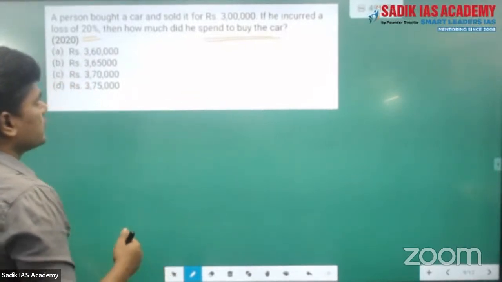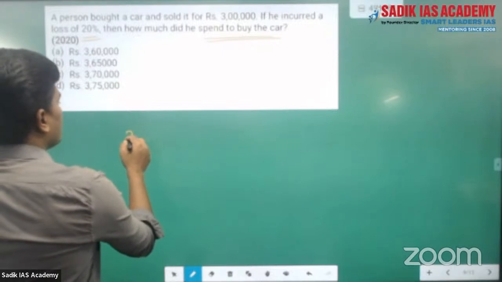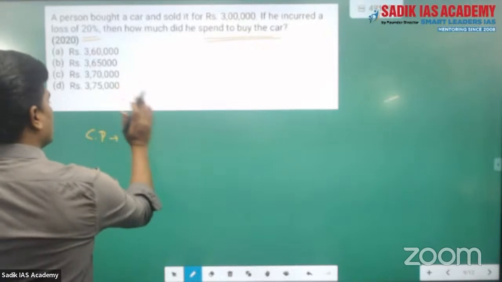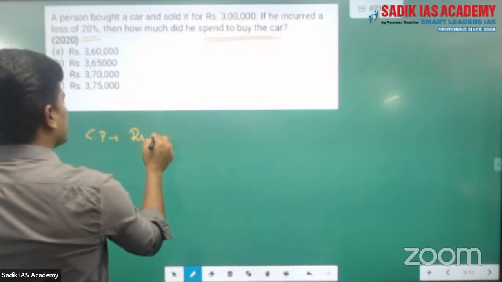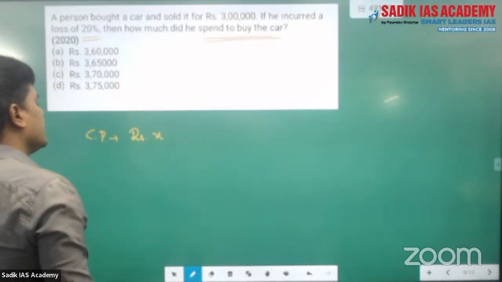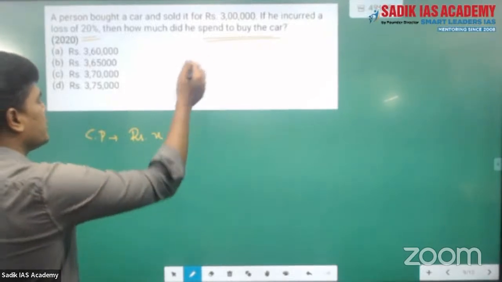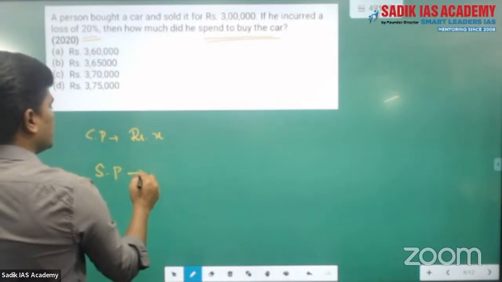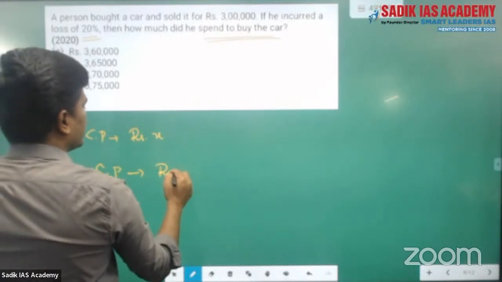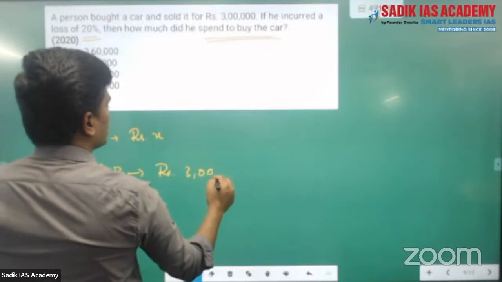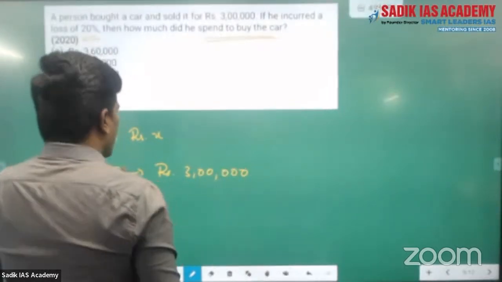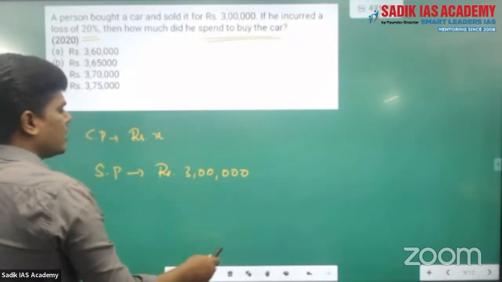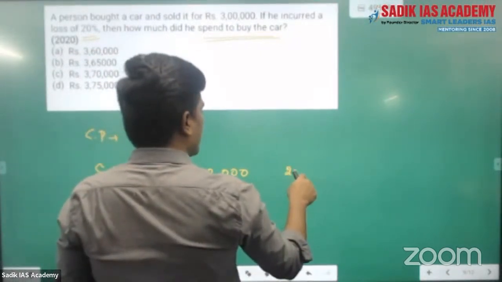Here, we don't know the cost price of the car, so I'll take it to be rupees X. The selling price is rupees 3 lakhs. When he sells for this amount, he incurs a 20% loss.